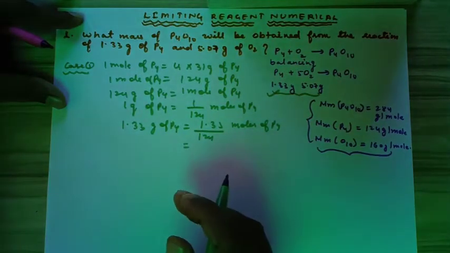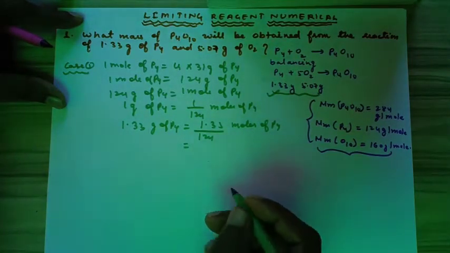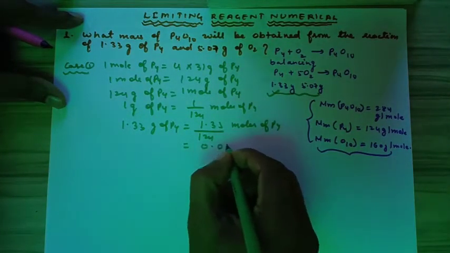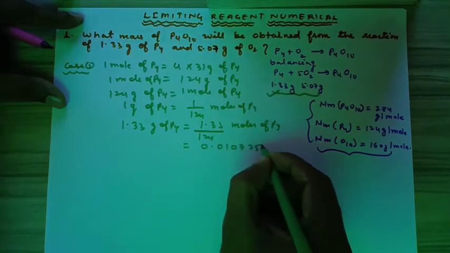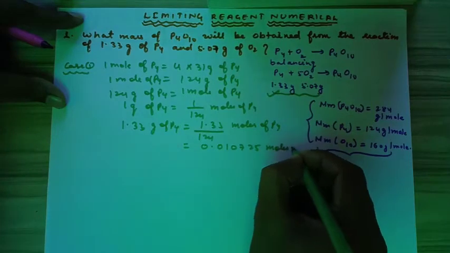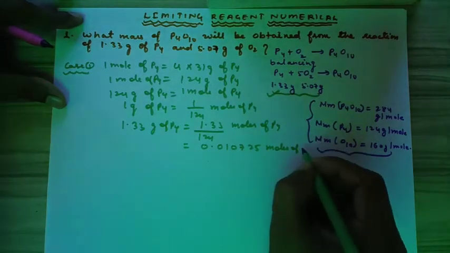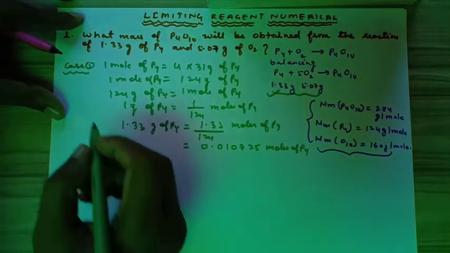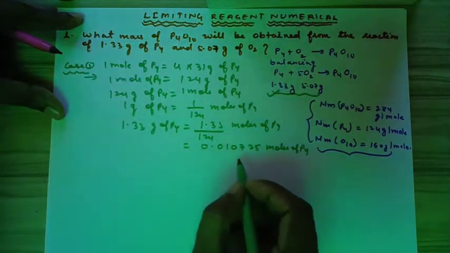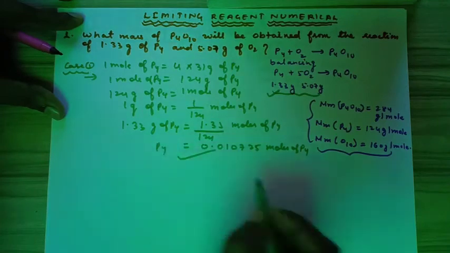Finally, on solving this, we'll obtain 0.010725 moles of P4. Now this is the amount of P4 in terms of moles.